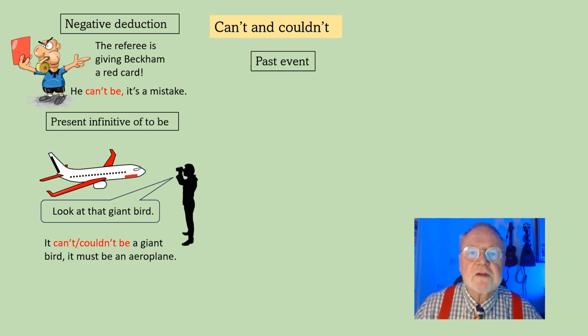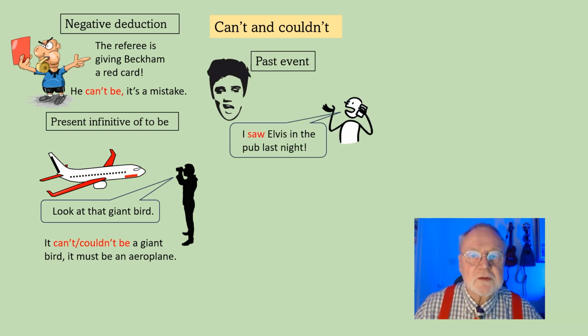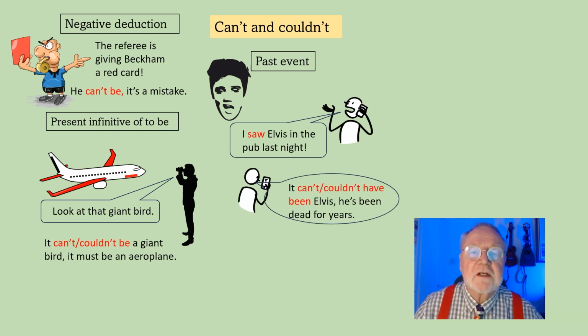For a past event, we can still use can't and couldn't. I saw Elvis in the pub last night. And the other man says, it couldn't have been Elvis. He's been dead for years. But this time we're using a perfect infinitive, have been. And remember, because can't and couldn't are modal verbs, there is no to.